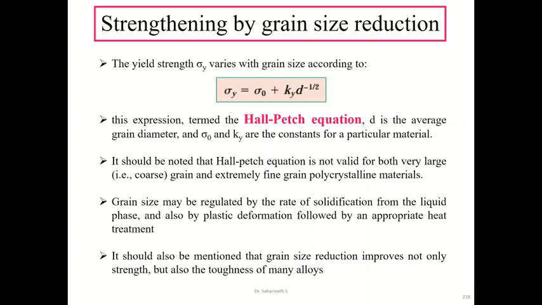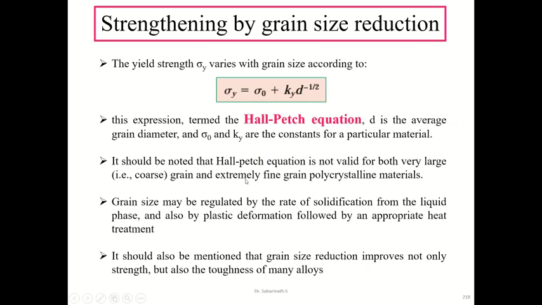So the final strength will be equal to the initial strength plus a constant k y times the inverse square root of the average grain diameter d. This expression is termed the Hall-Petch equation. Here d is the average grain diameter, and sigma 0 and k y are constants for a particular material.